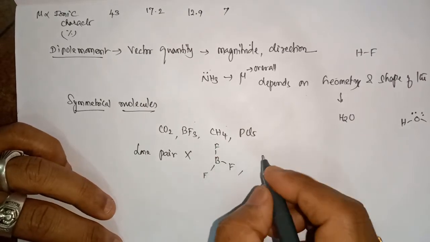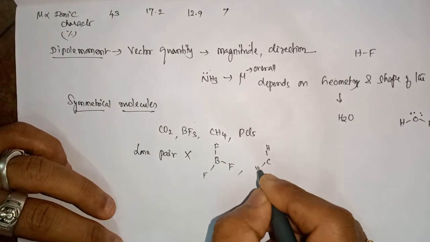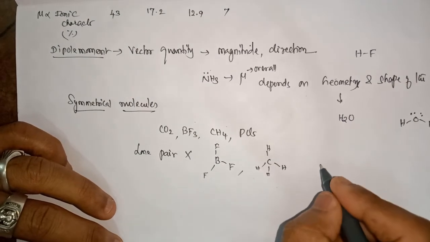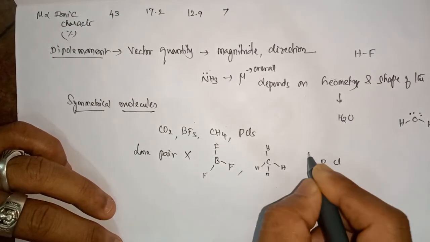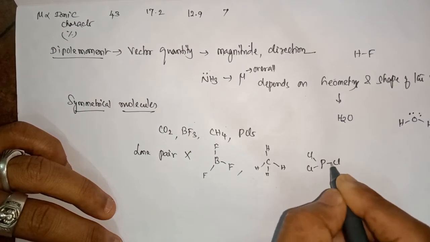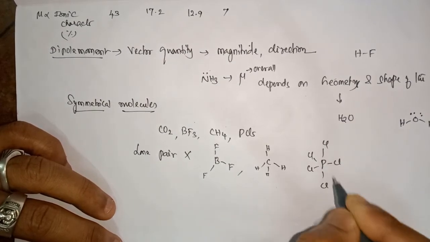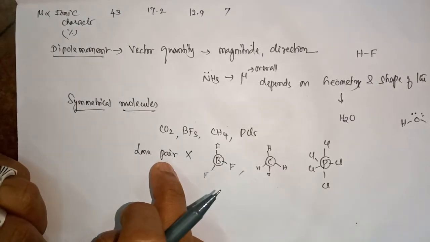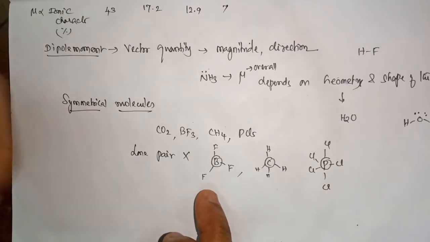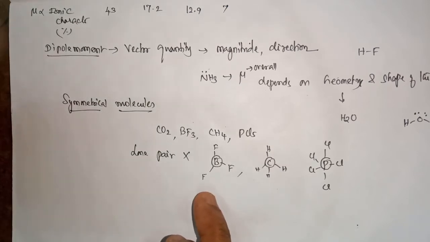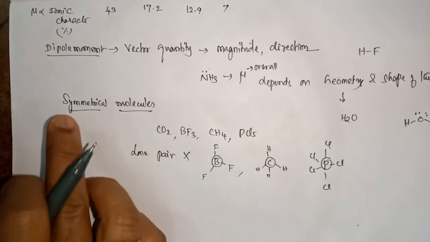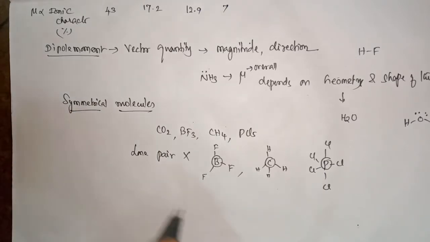CH4: carbon is surrounded by H, H, H, H. PCl5: phosphorus is surrounded by Cl, Cl, Cl, Cl, Cl. If the center atom does not have a lone pair, as well as being surrounded by the same type of atoms, those molecules are called symmetrical molecules.